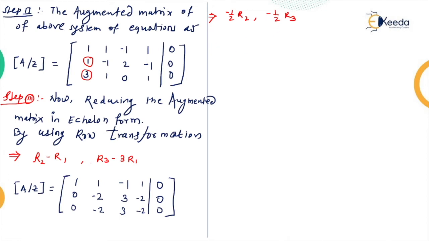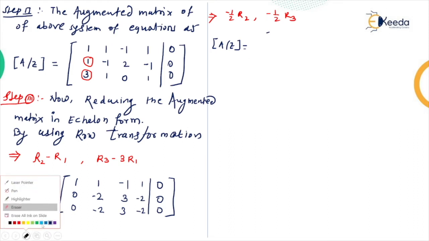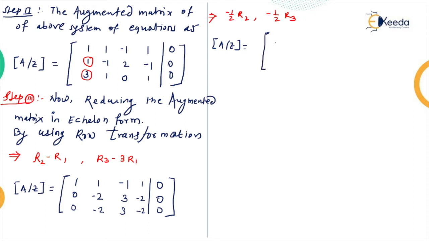Therefore the augmented matrix of the system can be written in this way, after changing rows R2 and R3. The first row is as it is: 1, 1, -1 and 1, and 0.